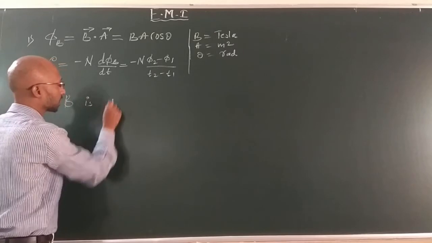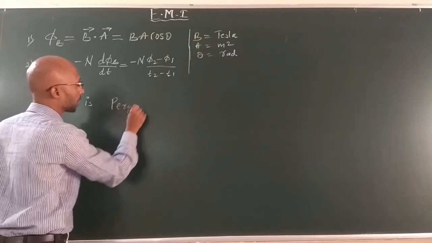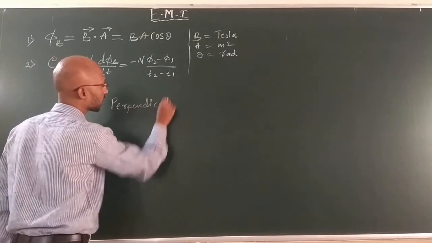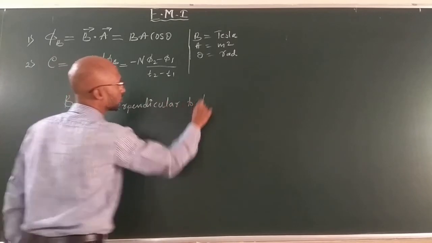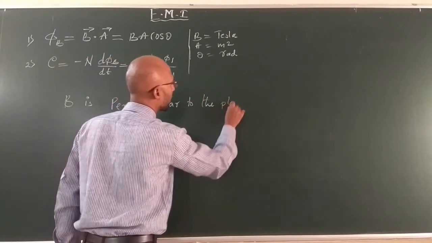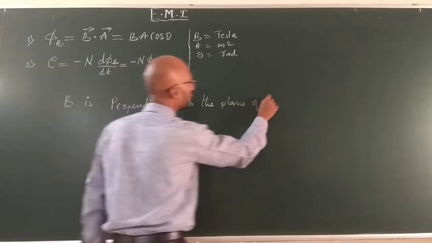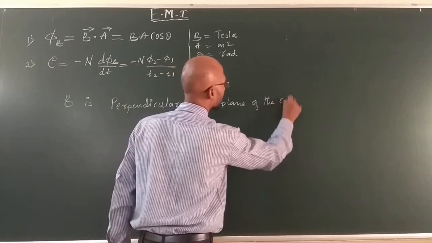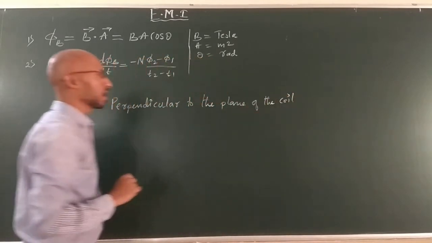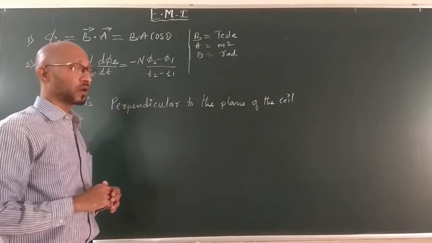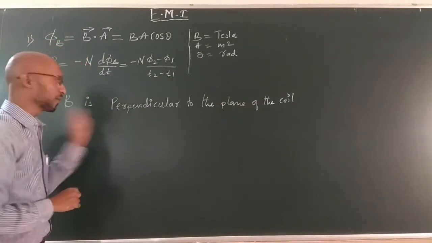I write the words: the magnetic field is perpendicular to the plane of the coil, or the plane of the area of the coil, like this. This is a very important concept.